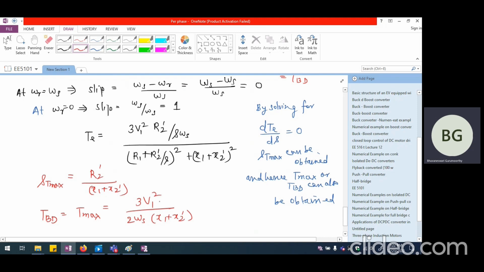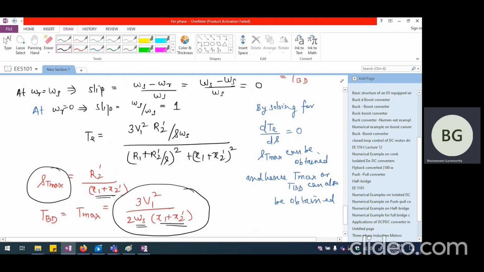But in general, whether we are talking about the slip at maximum torque or the maximum torque itself, the breakdown torque itself, please note that the frequency plays a very vital role in all these things, because X1 plus X2 dash is going to be 2 pi F (L1 plus L2 dash).